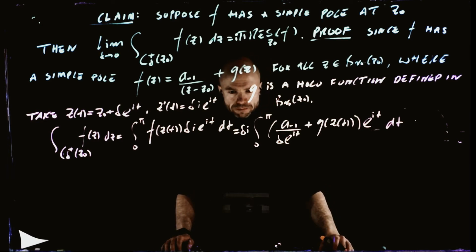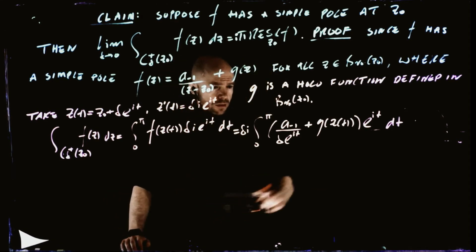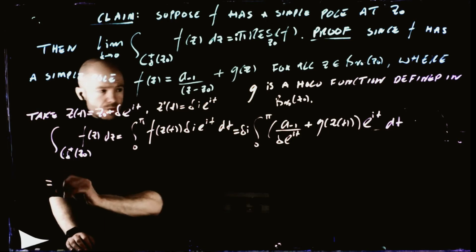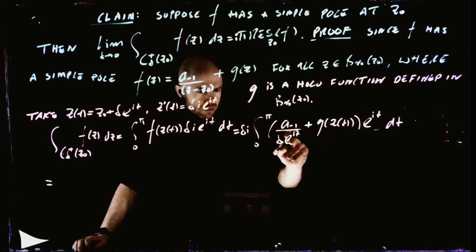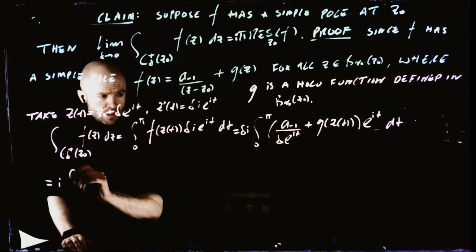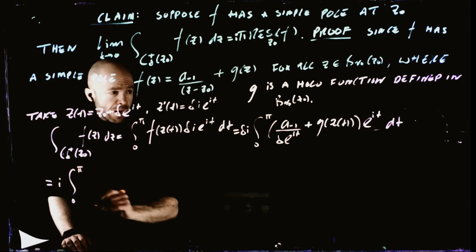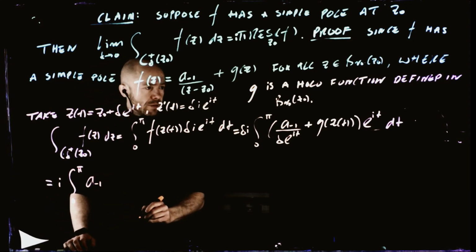Everybody happy? Yeah? Okay, so let's break that up. Let's pass this e to the it through. It's going to cancel with this, and this delta is also going to cancel with this. So we're going to have an i integral 0 to pi, and just a to the minus 1, and that is all we're going to have, right?